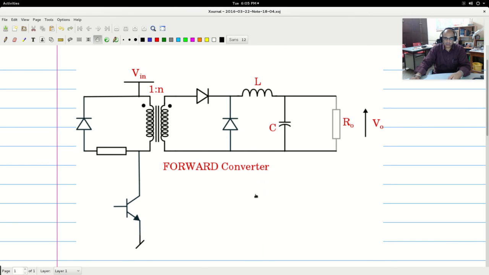Now this forward converter, I have added this 1:n turns ratio. What it basically means is, for every one turn here, there are n turns in the secondary. n can be greater than 1 for stepping up, n can be less than 1 for stepping down. So now let us say that during the DTS period, this transistor is on.